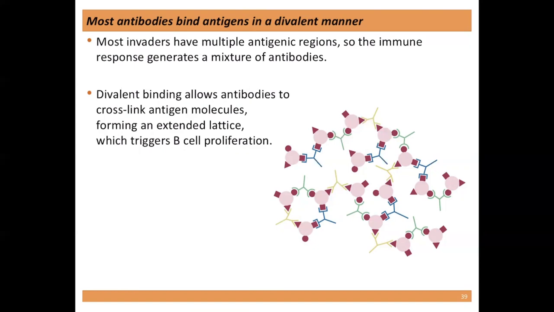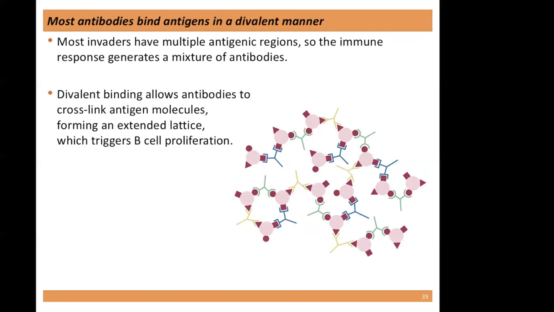And when you do this, that's going to trigger B cell proliferation. So when you start to see aggregates of all these antibodies and antigens, essentially what they say is, oh, we caught something, we need to make more B cells, more pilots to go out and attack.